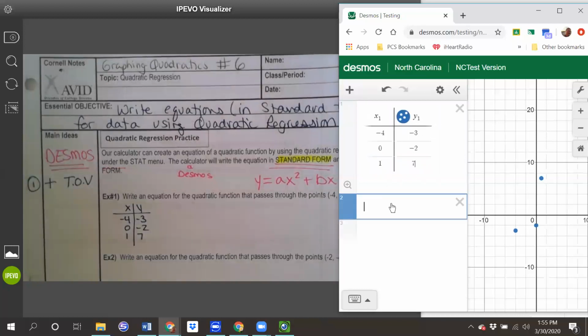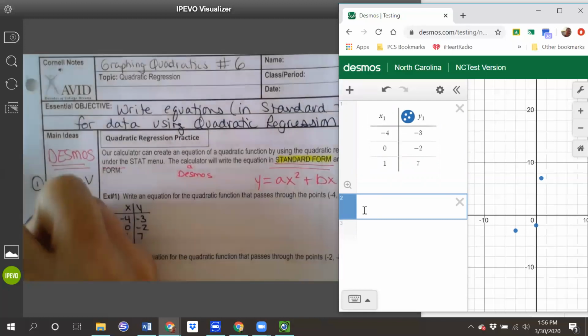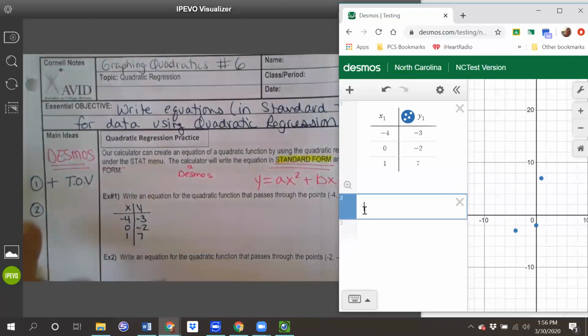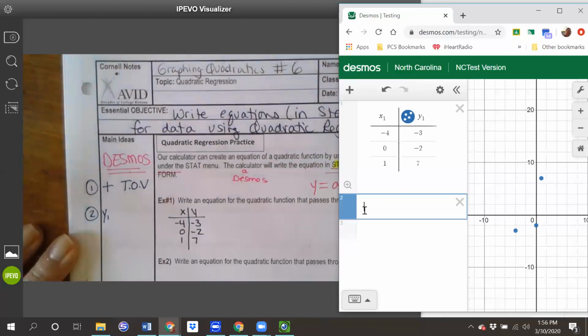Now we're going to come into box 2, and we are going to type in the format that is going to allow Desmos to create our equation for us. Step number 2, in box number 2, this is how we are going to write our equation. We are going to do y1 because it is based off of the table, which is based off of y1 values and x1 values.